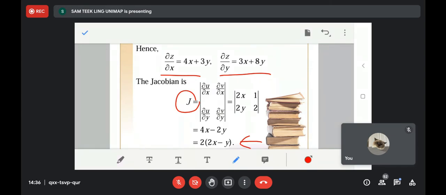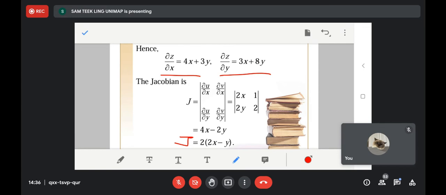Then remember, this one, don't give your final answer as 2x minus y. That one is wrong. In front there must be a 2, because this one, you can see J here is J equal to 2x minus 1.